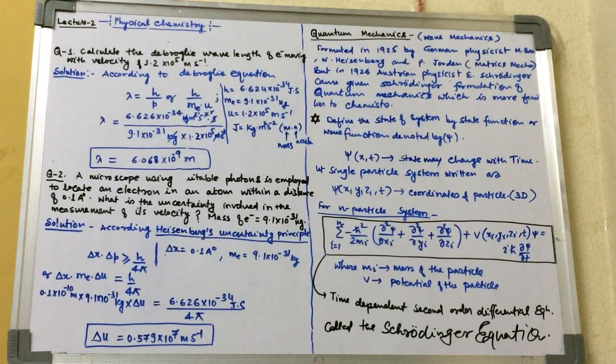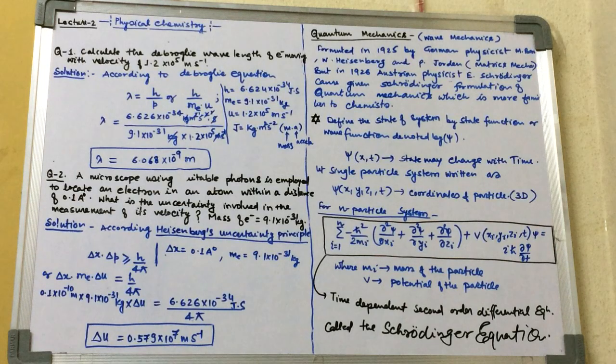Today I am going to talk about the second lecture of quantum mechanics. Earlier we were talking about the introduction part, but the real things of quantum mechanics in this second lecture will continue after solving two problems. Then I will start quantum mechanics.